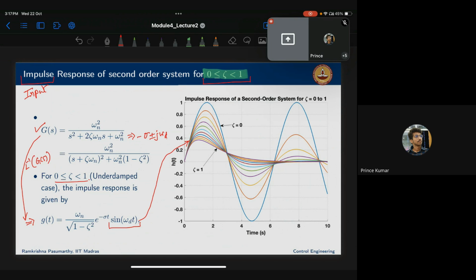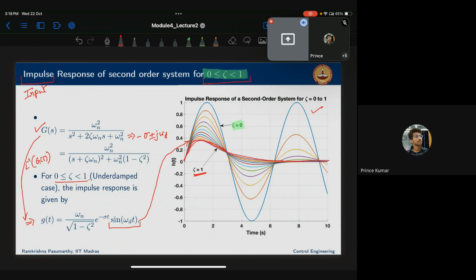So what does this indicate? Here we have two extreme cases. One extreme case is zeta equal to 0, where there is no damping at all, so the response is pure sinusoidal. When zeta is equal to 1, that is called critical damping.